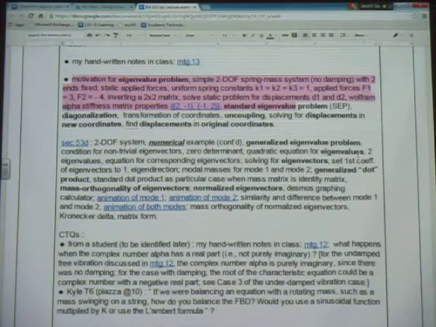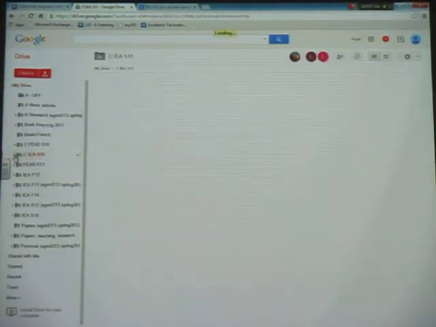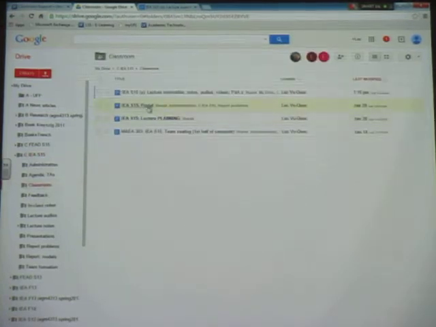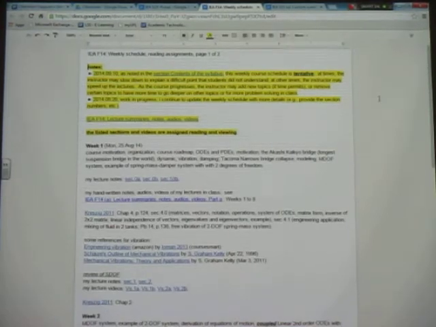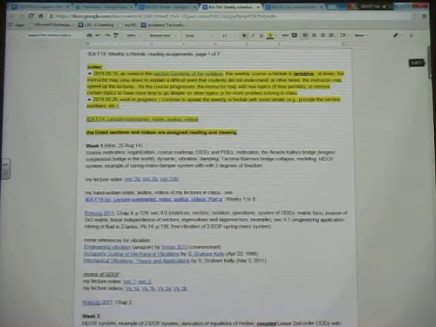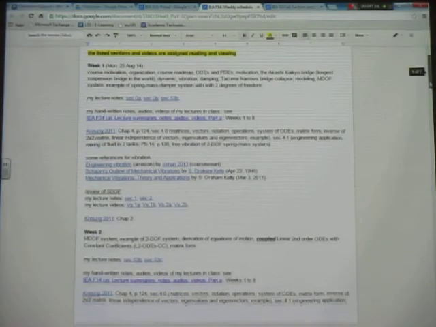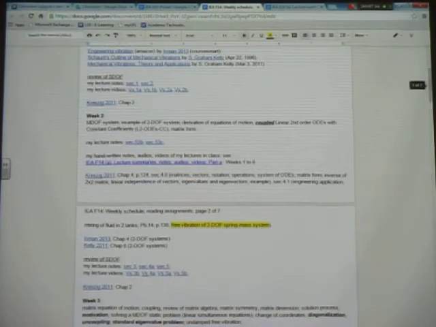If you go into the weekly summary, which can be accessed through the portal, you go into the weekly schedule, where I have listed week by week the lecture notes, as well as additional references.